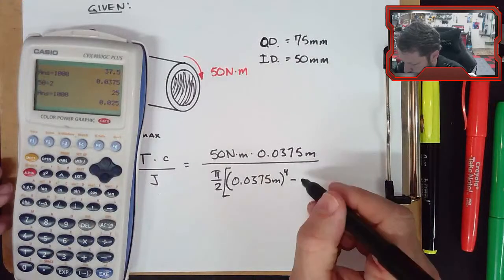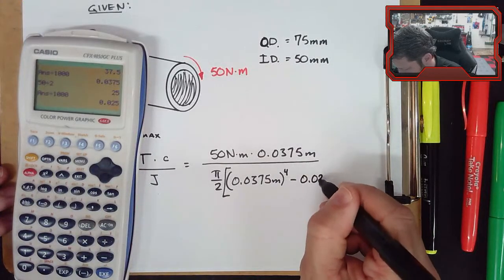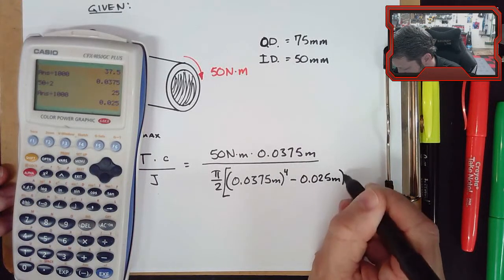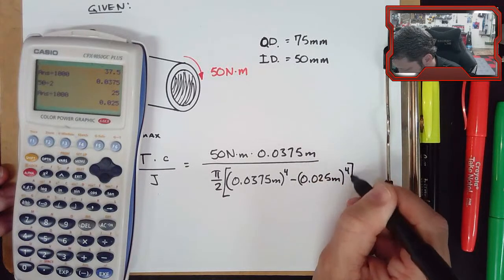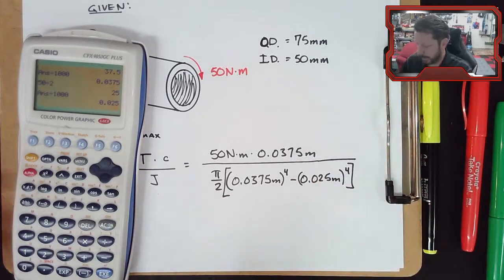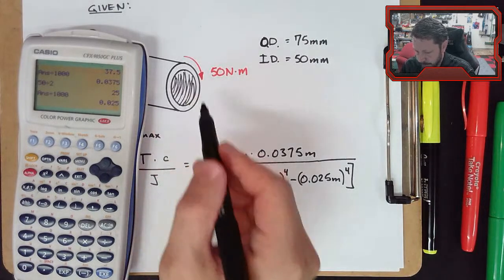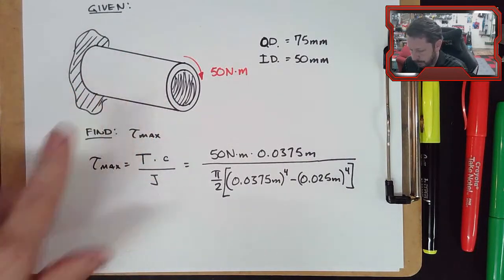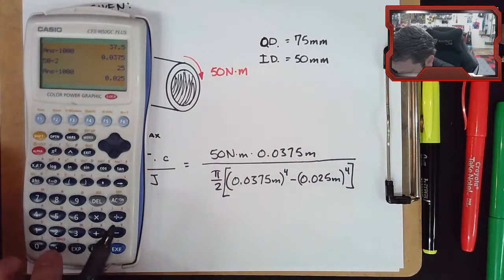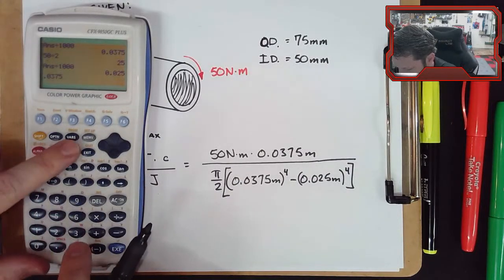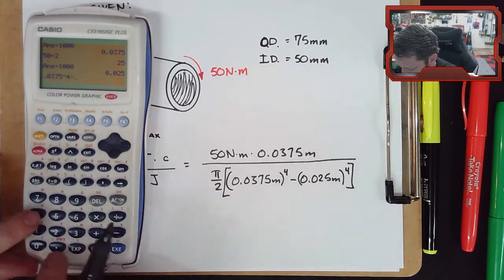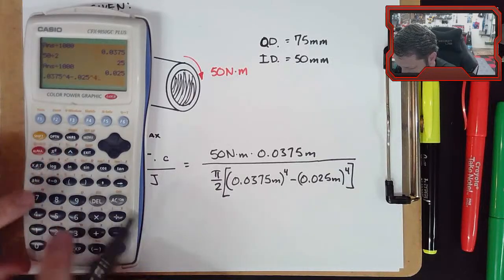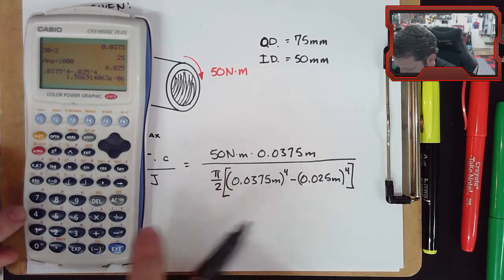So 0.025 meters. And if we solve this, we should have the maximum shear stress on the surface of this shaft.